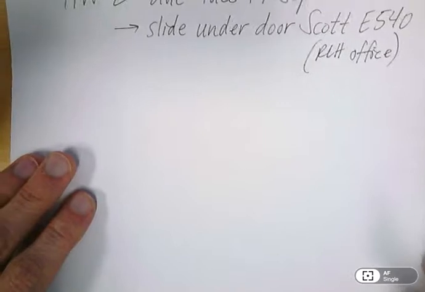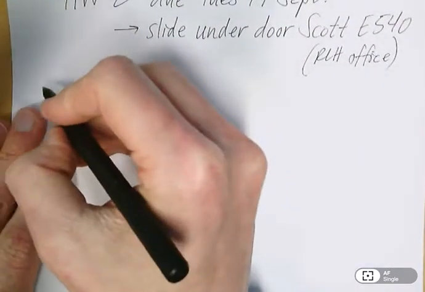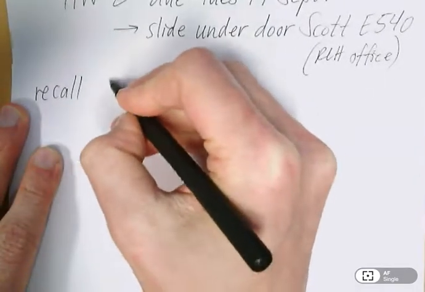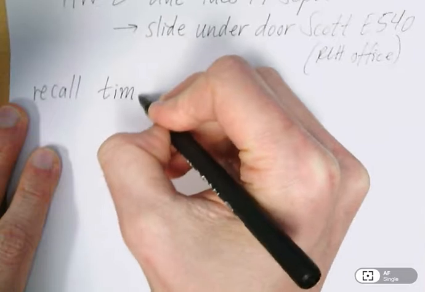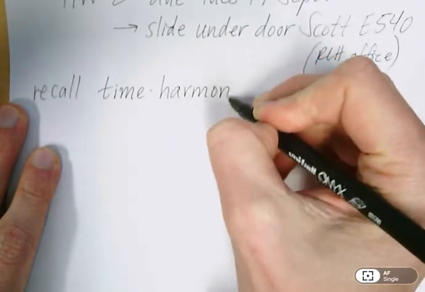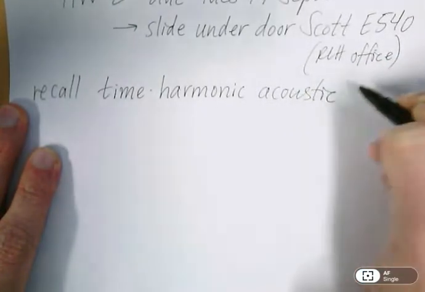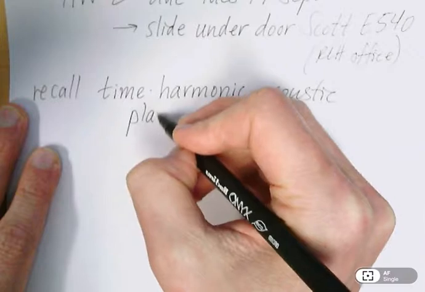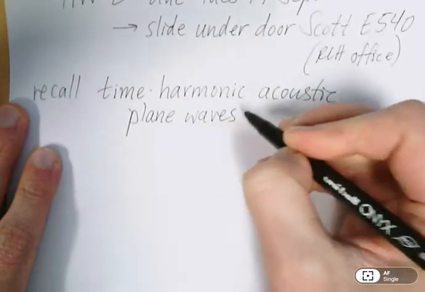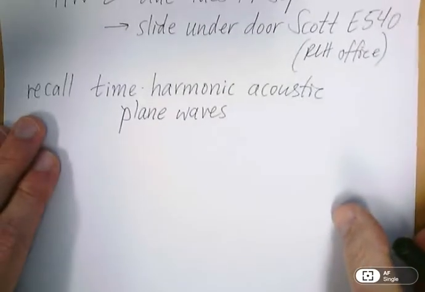So we'll start off this video lecture with a quick review about time harmonic acoustic plane waves, and extend these concepts to a few other important aspects about plane waves.